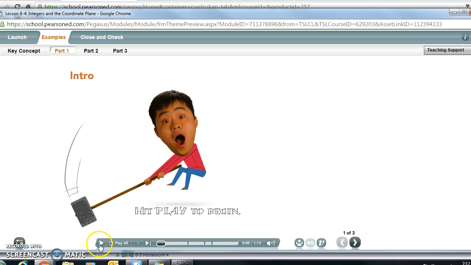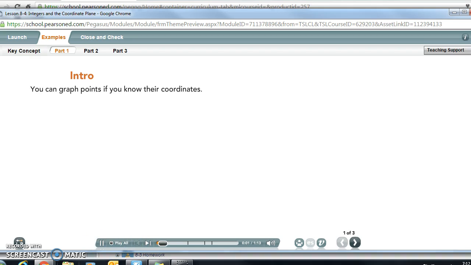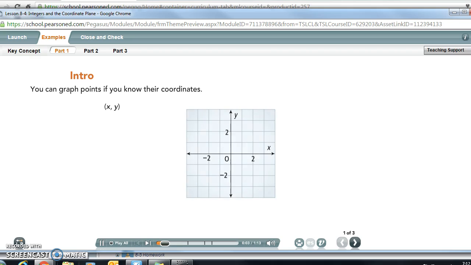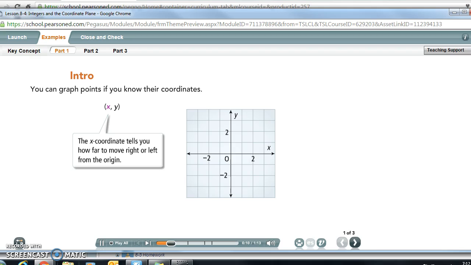On to part 1. You can graph points if you know their coordinates. Look at the coordinates (x, y). The x-coordinate tells you how far to move right or left from the origin. When the x-coordinate is positive, move right from the origin.